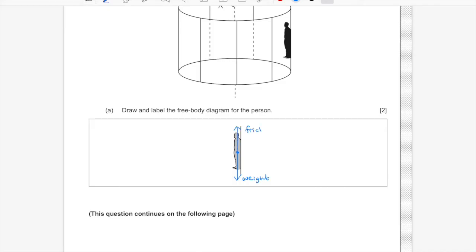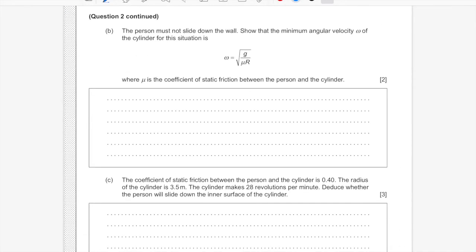He's moving in a uniform circular motion, so there has to be a net force pointing towards the center, and that is the normal force. The wall is pushing him towards the center of the circle, and that is the necessary centripetal force.